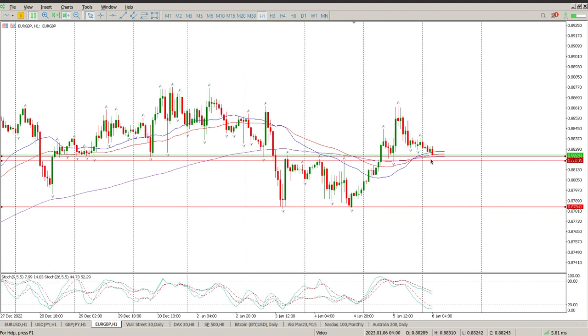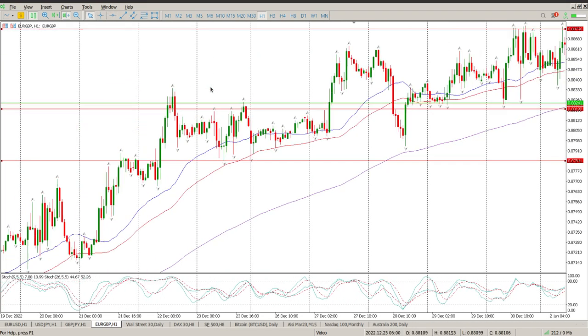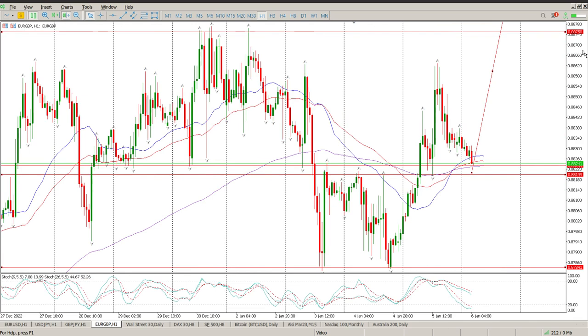So if it finds support here, it's a good measure of a measured move. Sorry, excuse my English this morning. Good possibility of a measured move, and it would be something like that, because then you would see this as a flag, and that, as far as I'm concerned, would be capped by the top to start with.